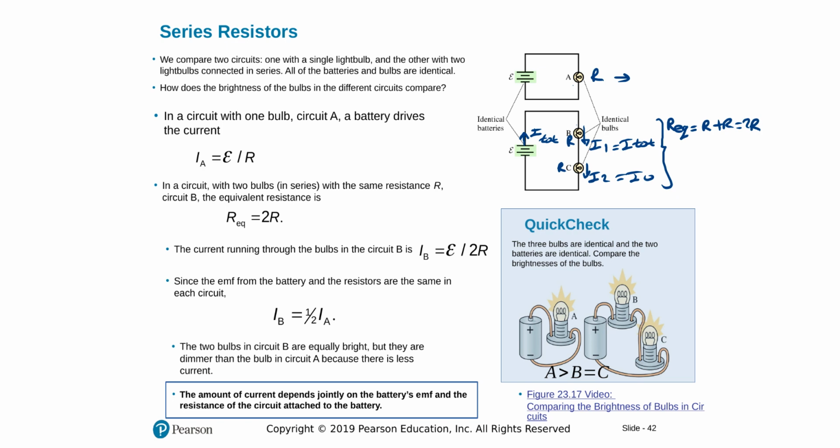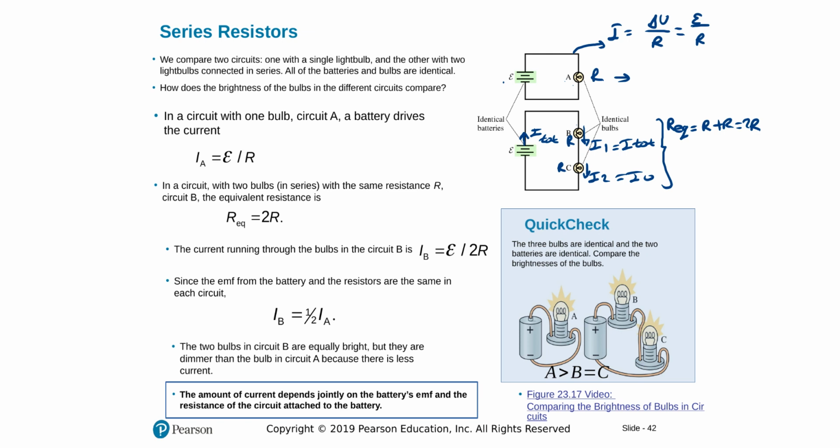If we apply Ohm's law, I is equal to delta V over R. In this circuit, we have delta V equal to epsilon, just one object in here, so it uses up all the power, divided by R. That's our initial current.